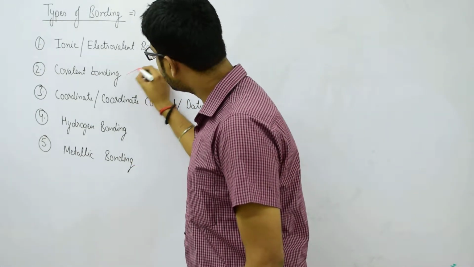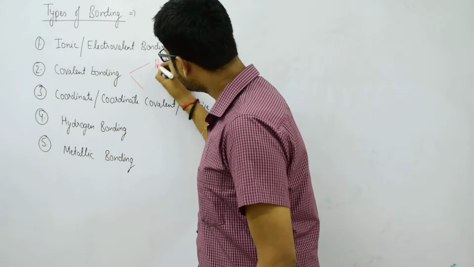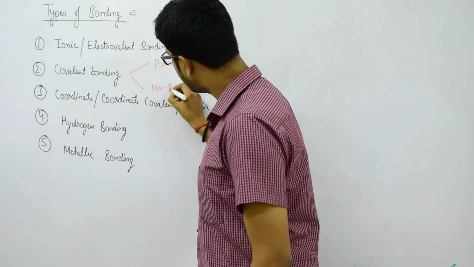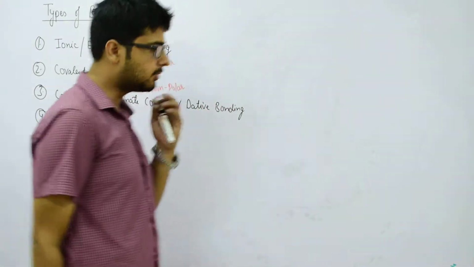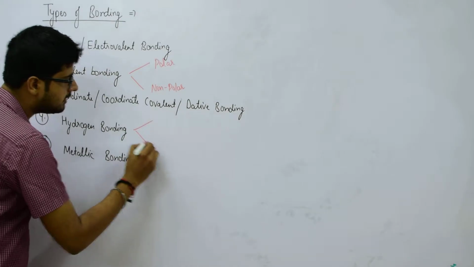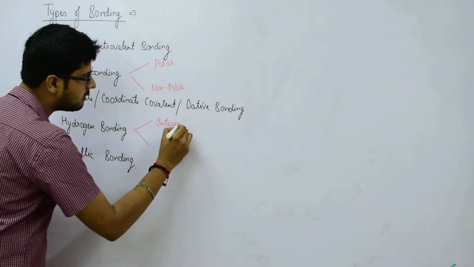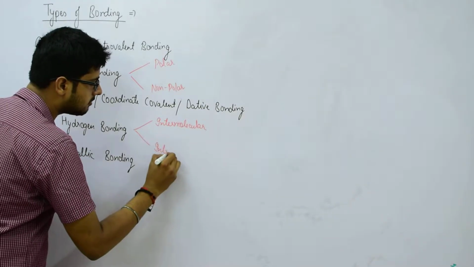While discussing covalent bond, we will further consider polar covalent compounds and non-polar covalent compounds. In case of hydrogen bonding, we will see 2 types, that is intermolecular hydrogen bonding and intramolecular hydrogen bonding.